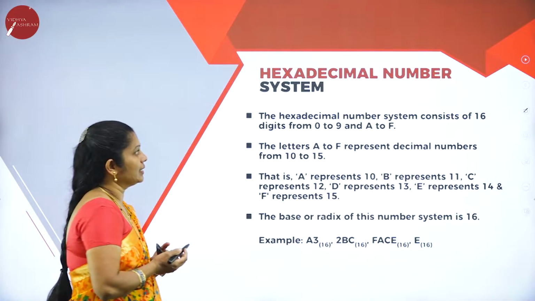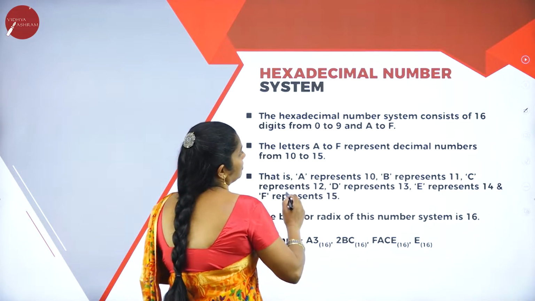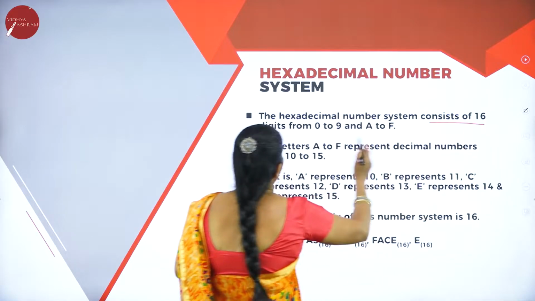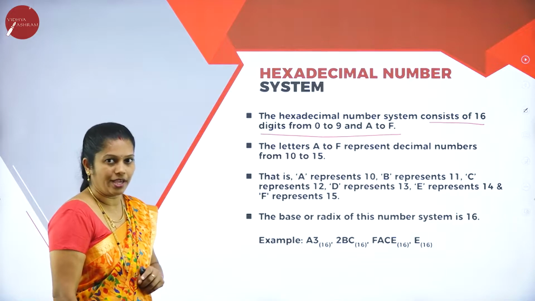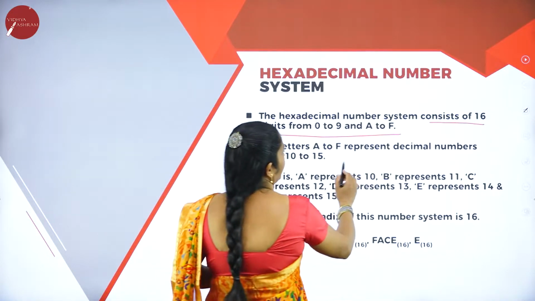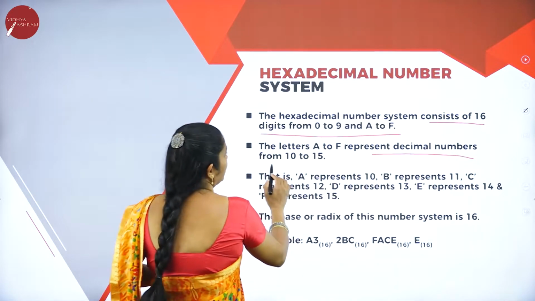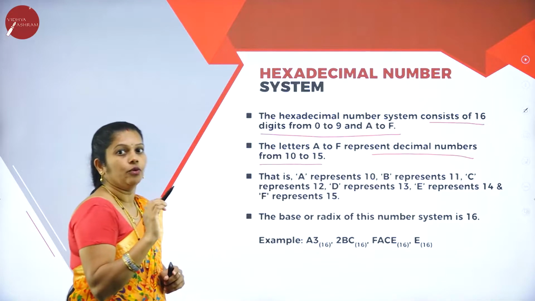Next, when we come to the hexadecimal number system, it consists of a total of 16 digits, starting from 0 to 9 and A to F. The letters A to F represent the decimal numbers from 10 to 15.